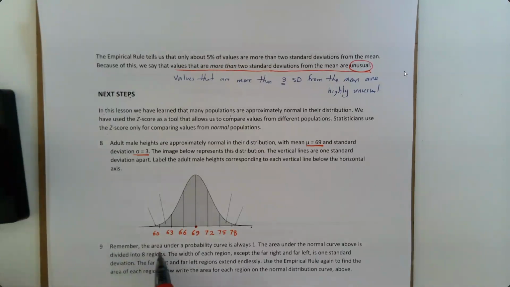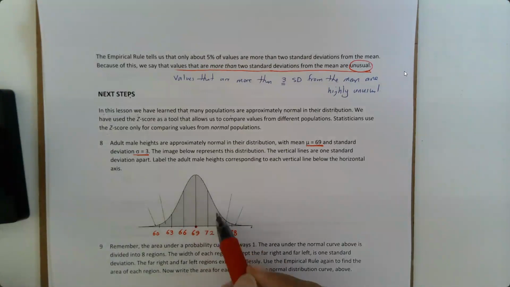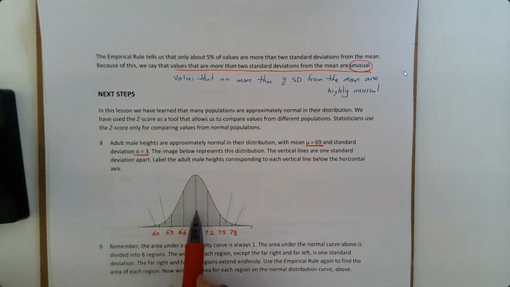Okay, well, remember the area under the probability curve, which is 100%. This whole area, if you add all of these relative frequencies together, it is 100% or 1. The area under the normal curve above is divided into 8 regions: 1, 2, 3, 4, 5, 6, 7, and 8.